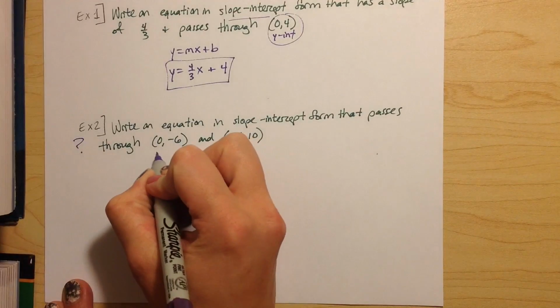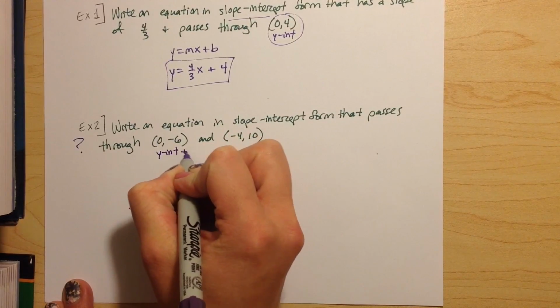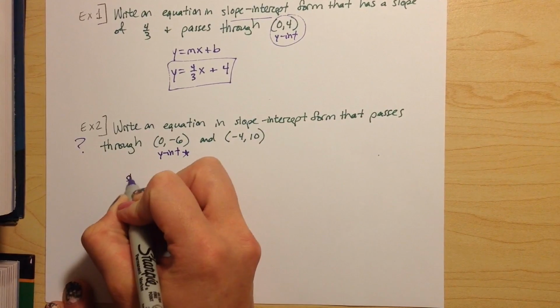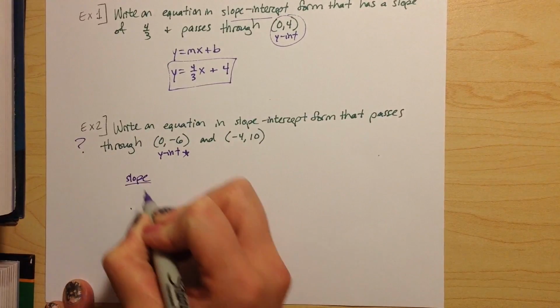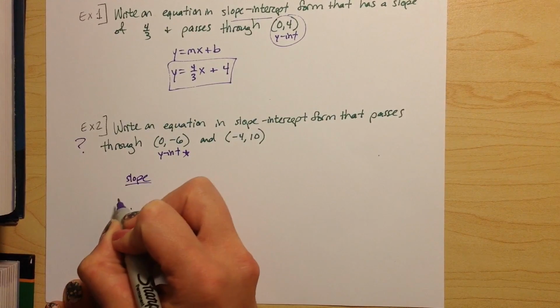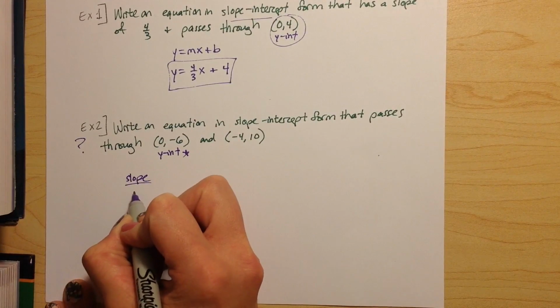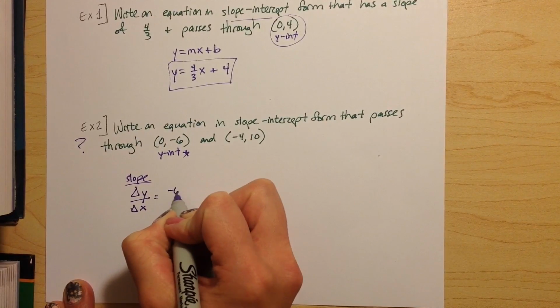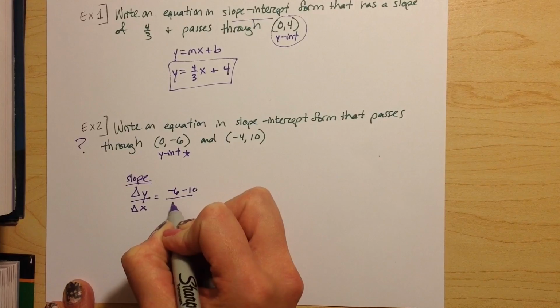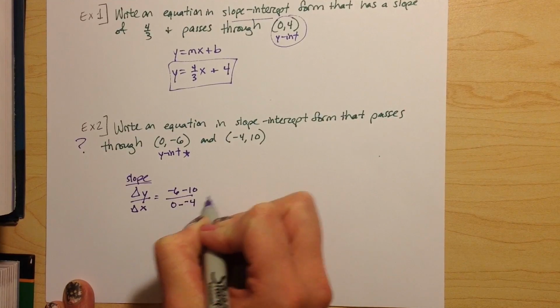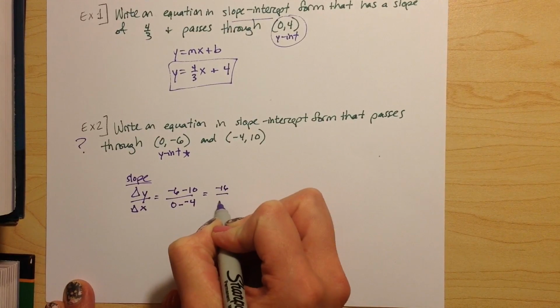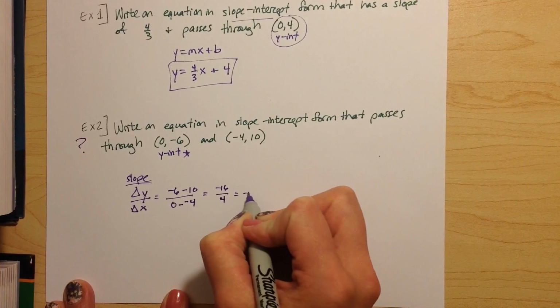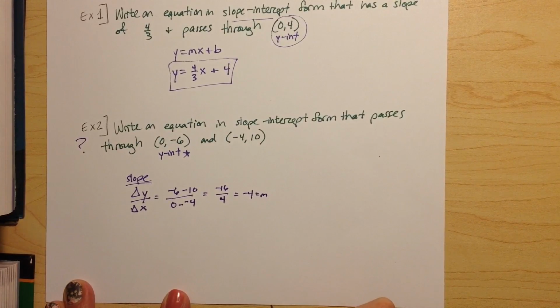So here we go. This is my y-intercept, so that's nice, but I need to know what the slope is first. From last section, I know it's going to be the change in y over the change in x, so that's -6 minus 10 over 0 minus -4, -16 over 4, that gets me -4 is my slope.